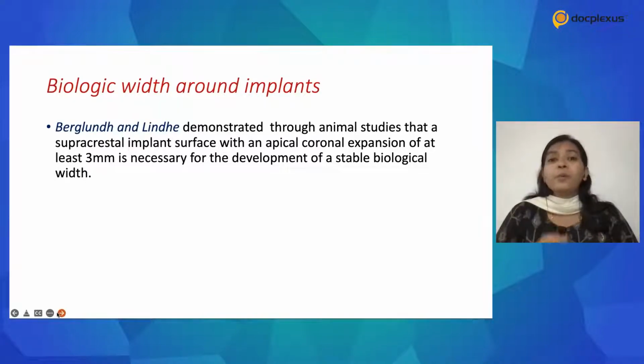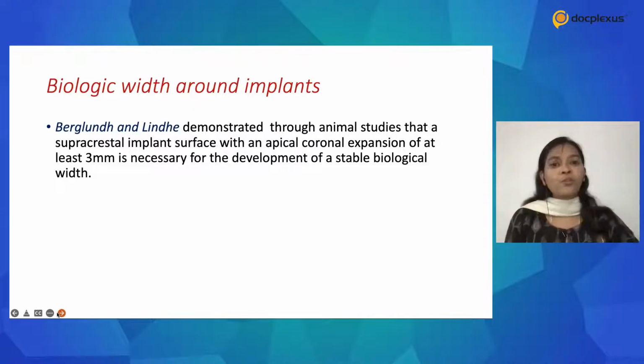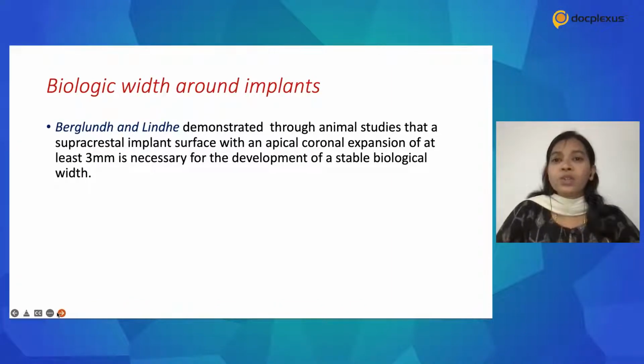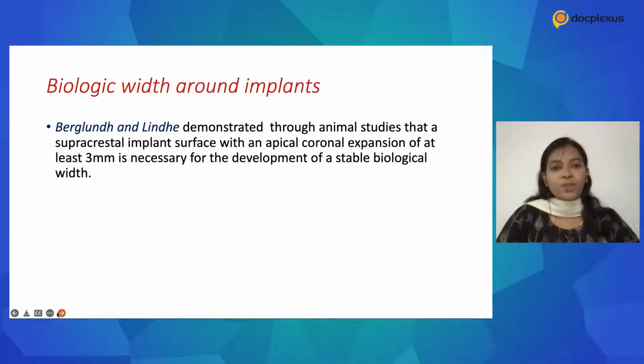When that fiber bundle is not formed, there will be inundation of bacteria. There will be establishment of plaque around the implant surface. So when you're not establishing a proper biologic width, there will be problems in relation to formation of plaque.